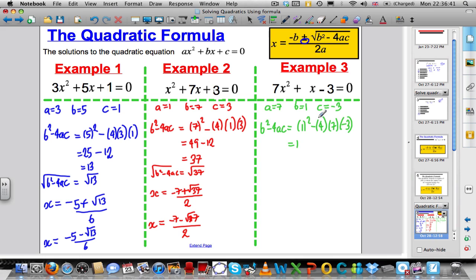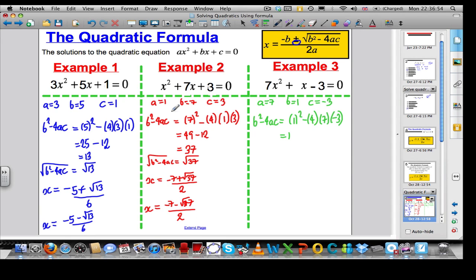So 28 times 3 in general is 84, but it's a minus. So it's going to be 1 minus 84. So 1 minus 84, 2 negatives become a plus, so you get 85.